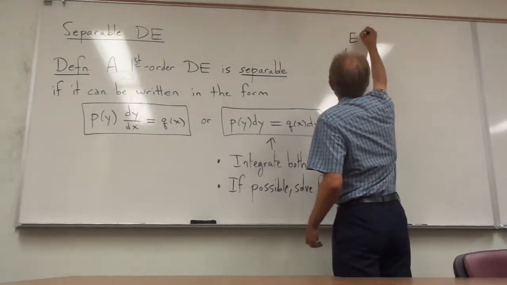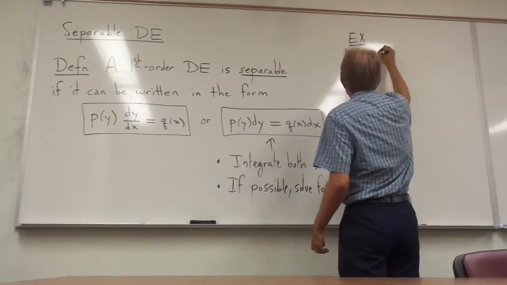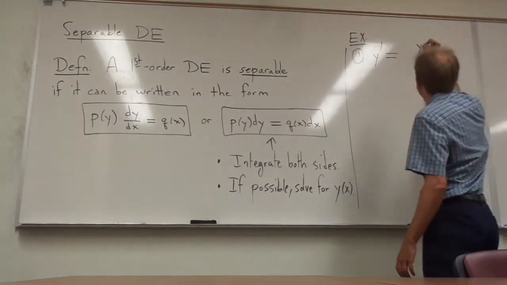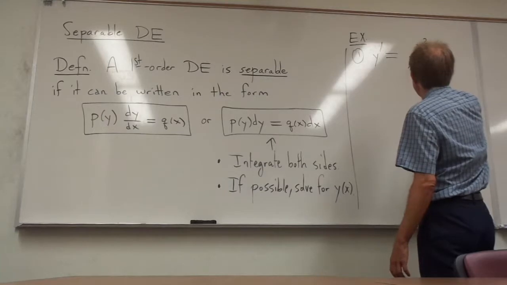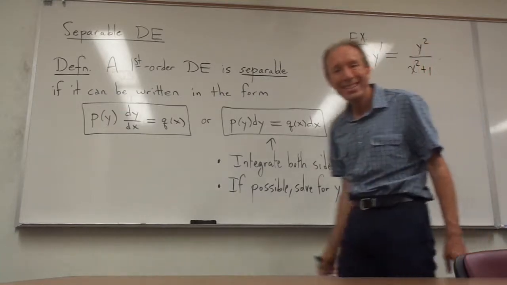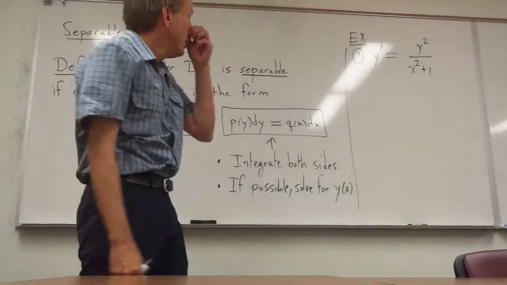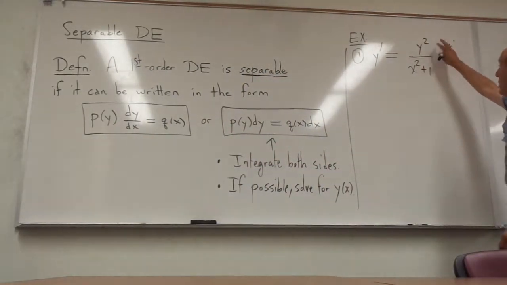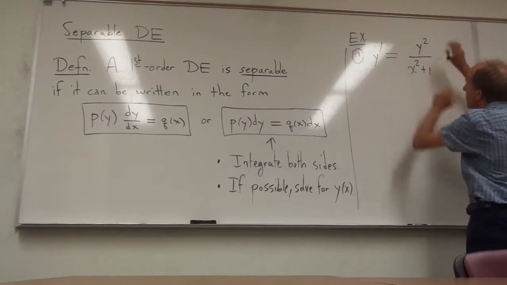So here's an example. Let's suppose we want to solve y prime equals y squared over x squared plus 1. Now, it looks like I can take the y's and get them separated from the x's here.